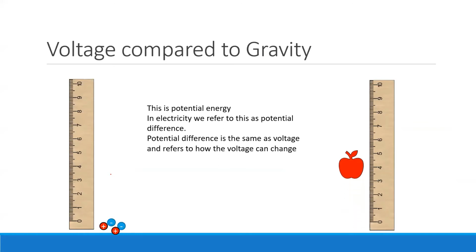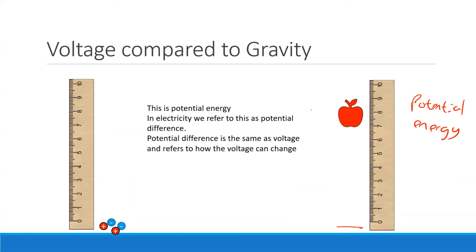Now, if I raise the apple 8 meters, I've given it potential energy. I can drop that apple from that height, and it will fall down and hit the ground. The higher I move the apple, the more potential energy I give.